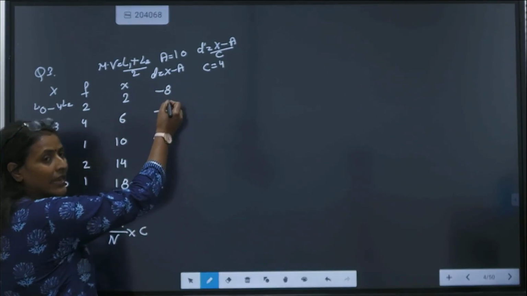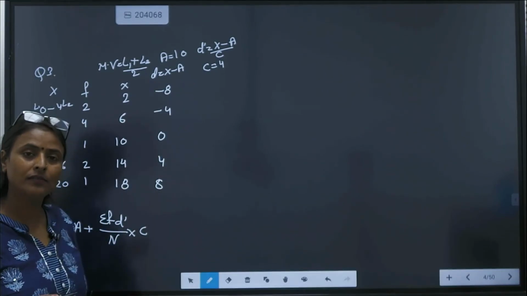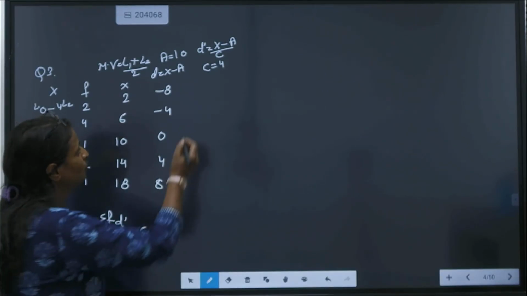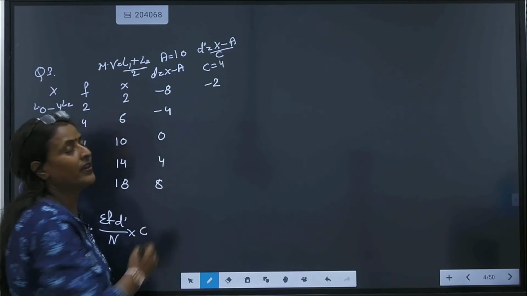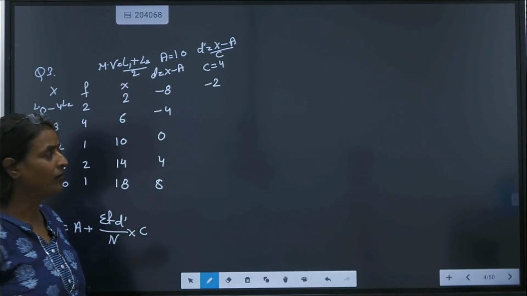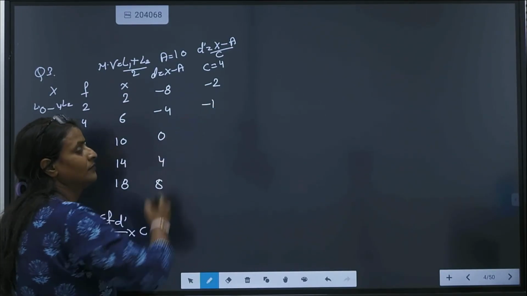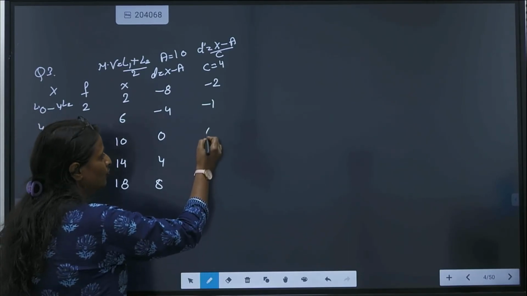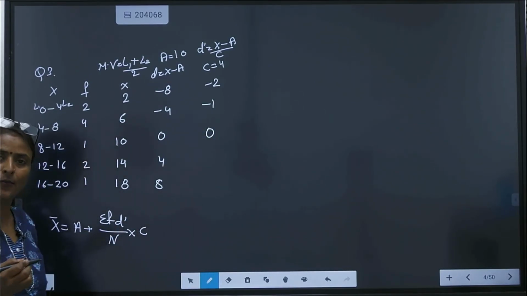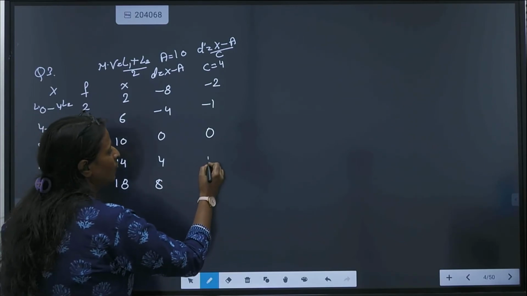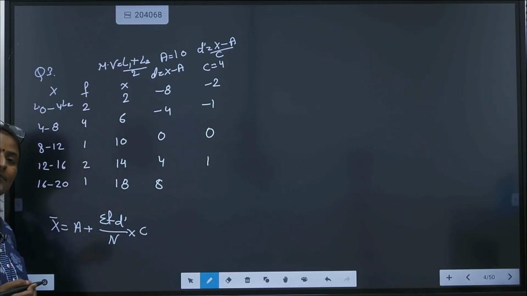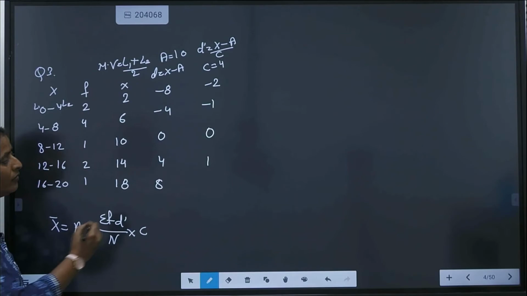So minus 8 divided by 4, minus 2. Minus 4 divided by 4, it's minus 1. 0. 4 divided by 4, it's 1. 8 divided by 4, 2.